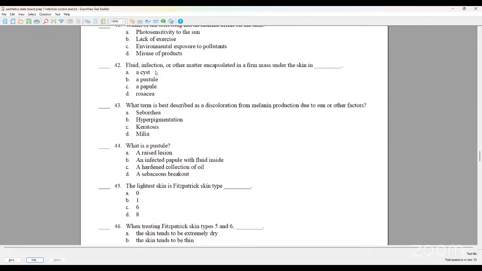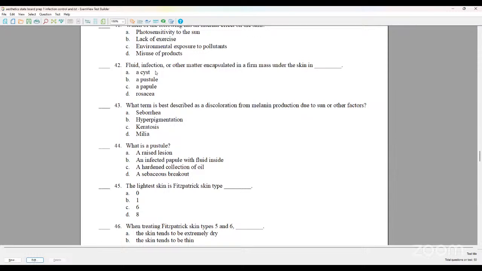All right, 43. What term is best described as a discoloration from melanin production due to sun or other factors? We're looking for a term that is best described as a discoloration from melanin production.